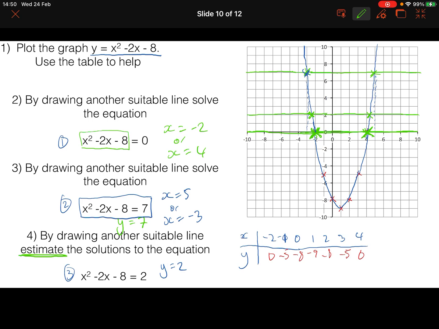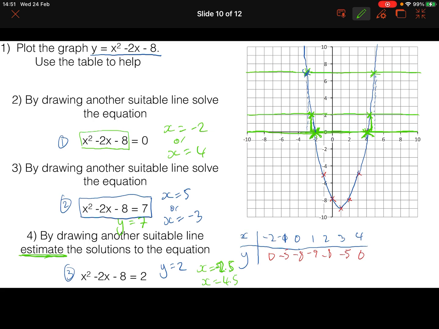I can only be roughly correct. Well, I think it's going to be x is minus 2.5, because it's sort of halfway between. And also 4.5, halfway between. So only estimating. I don't know that that is my exact answer. I'm only doing a bit of an estimation.